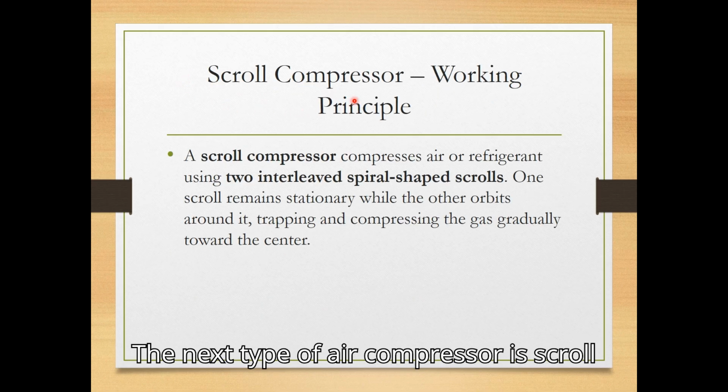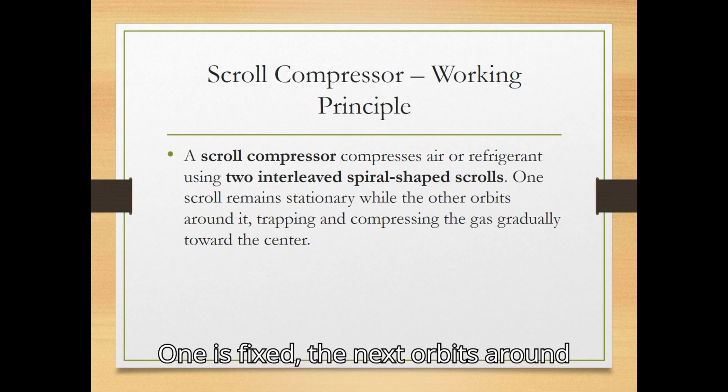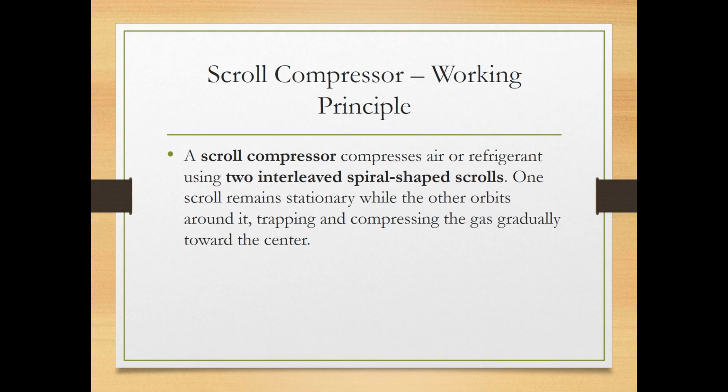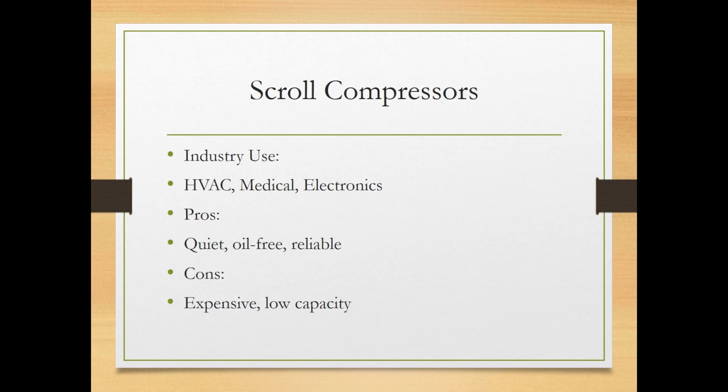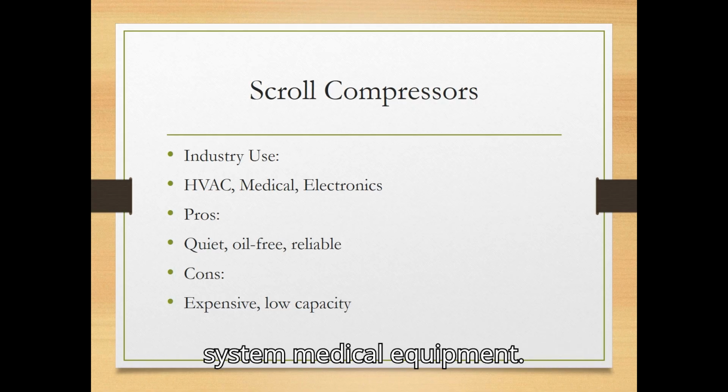The next type of air compressor is the scroll compressor. Scroll compressors use two spiral scrolls. One is fixed, the other orbits around it. Air gets trapped between them and gradually compressed toward the center. Scroll compressors are used in HVAC systems, medical equipment, and electronics manufacturing.